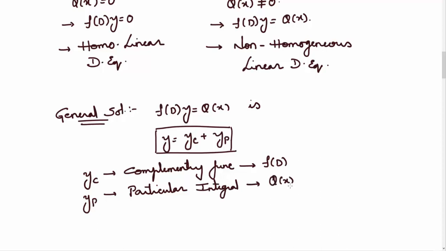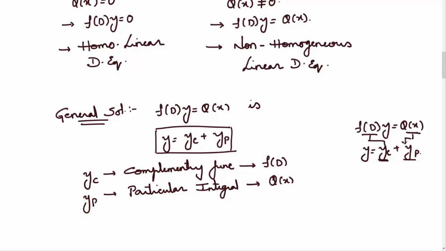Now what we are saying is that the general solution for f of D into y is equal to q of x is y is equal to yc plus yp, where this yc is obtained from f of D and yp is obtained from q of x.